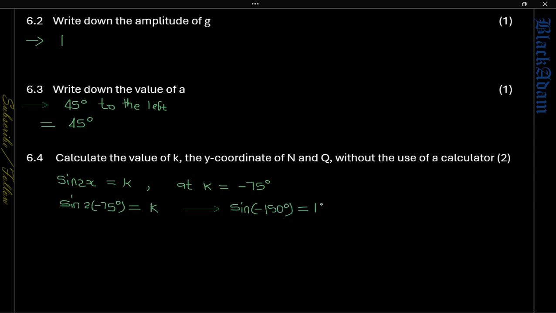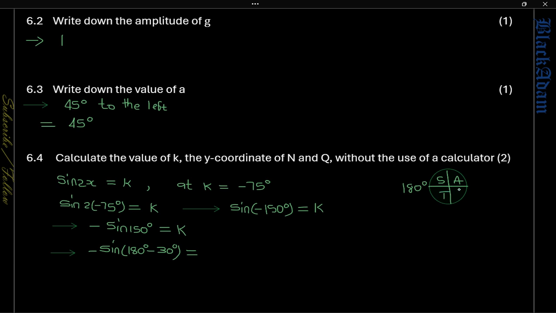So it's negative sine of negative 150 degrees equals k, and that will be minus sine 150 degrees equals k. Using the CAST rule, we have sine there, and then 180 degrees minus 30 degrees to give us 150.